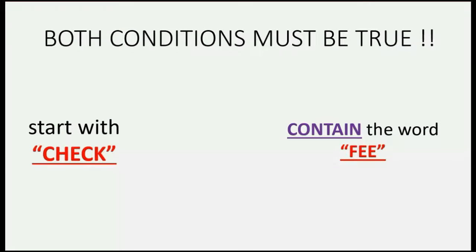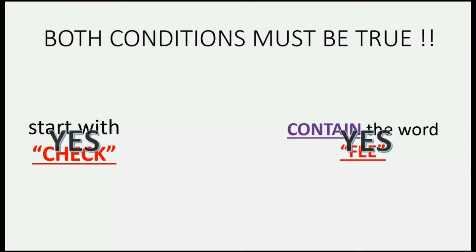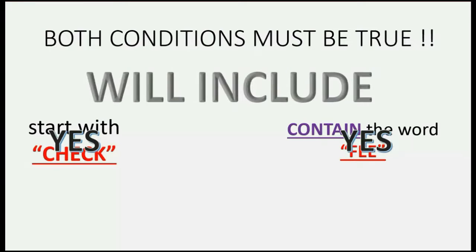What else does it mean? It means even if it does not start with the word check, if it does contain the word fee, that means that it will also be included in the rule because at least one condition was true. Of course, if both conditions are true and it contains both, then obviously that transaction will be included with the rule.